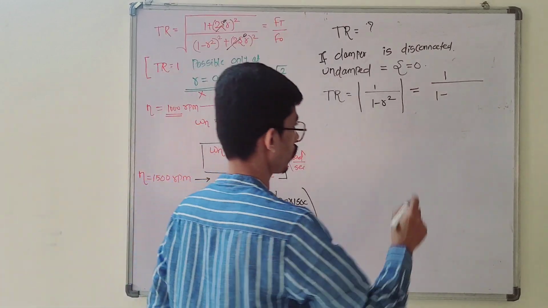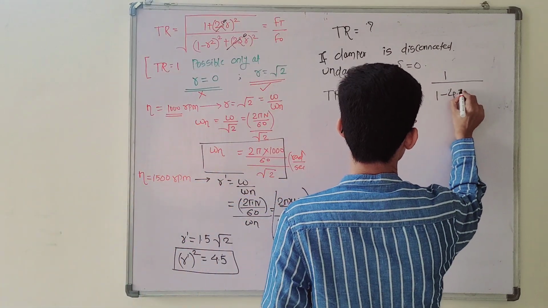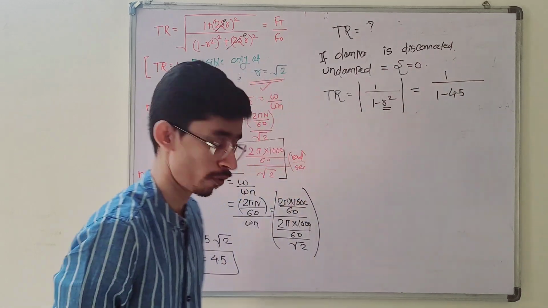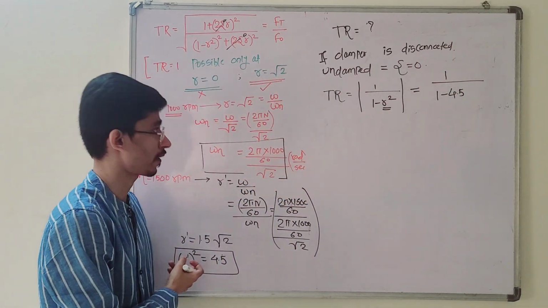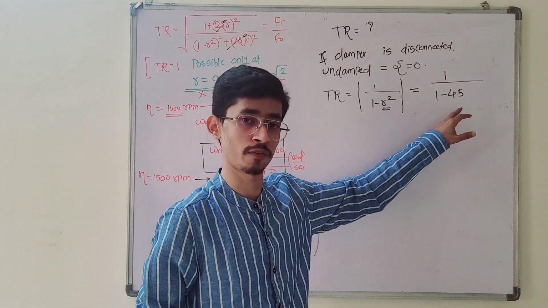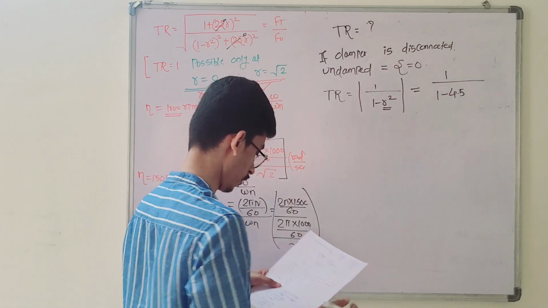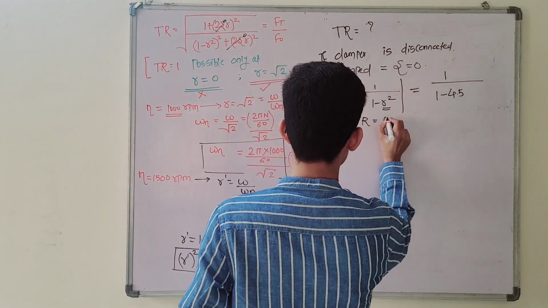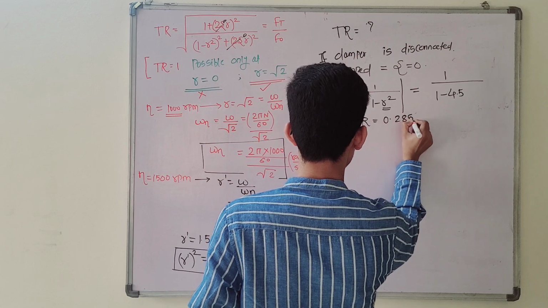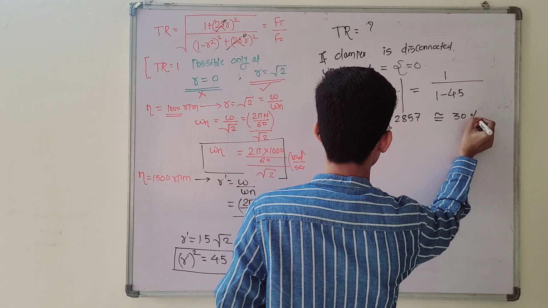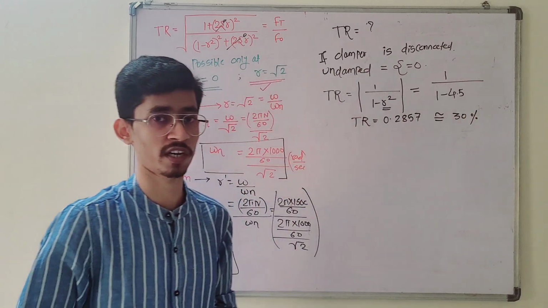Put 4.5 over here, and you will get the transmissibility. That's why we found r square prime, because we have to directly put the value as 4.5. After solving this, you will get transmissibility as 0.2857. This is nearly about 30% transmissibility.